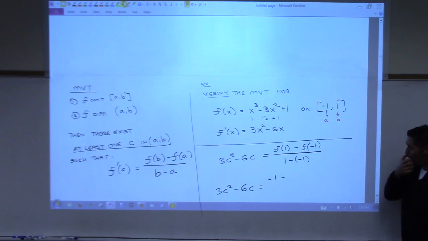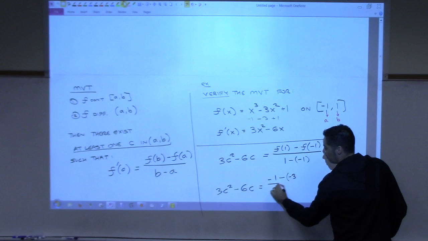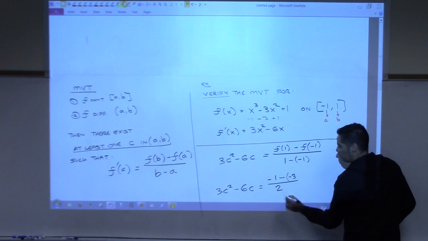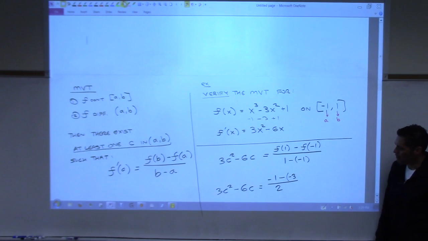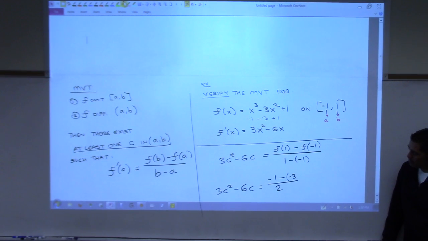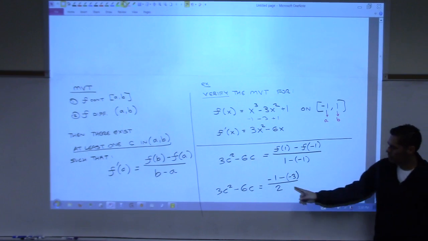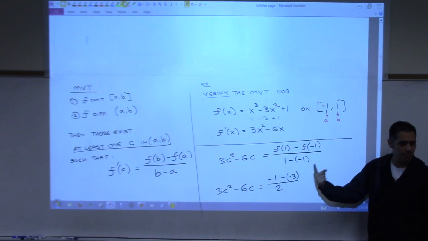So what do you get? -3, so it'll turn out to be +3, all over 2. So the right side is, I forgot the parentheses here, -1 plus 1. This is 1 plus 3, right? 2 over 2, +1.